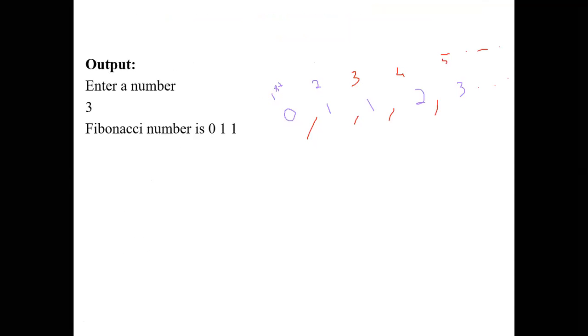If you enter n is equal to 3, then it should return 3 Fibonacci numbers, that is 0, 1, 1. Same way if the n value is 5, then you should return 0, 1, 1, 2, 3, 5 Fibonacci numbers.